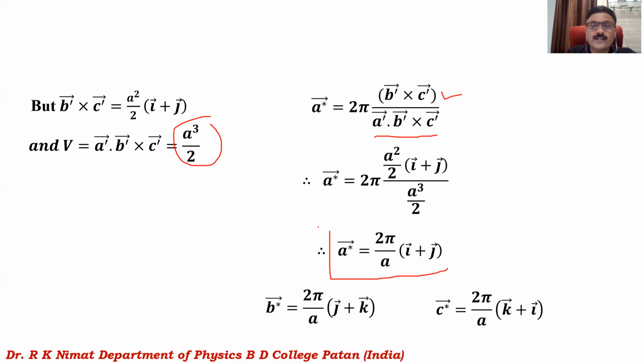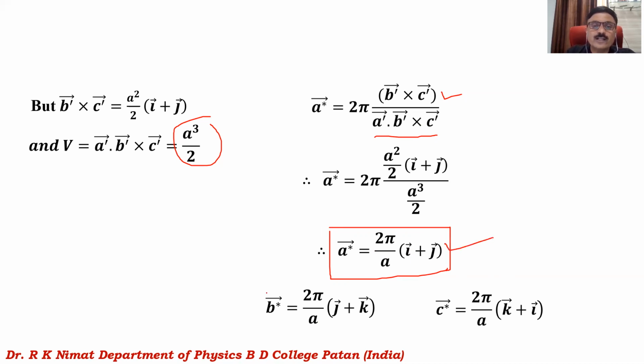So we have obtained the reciprocal lattice vector constructed from the primitive unit cell of the body centered cubic lattice, and that reciprocal lattice vector A star is 2 pi by a into (vector i plus vector j).